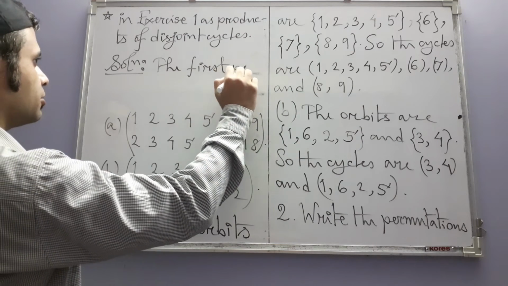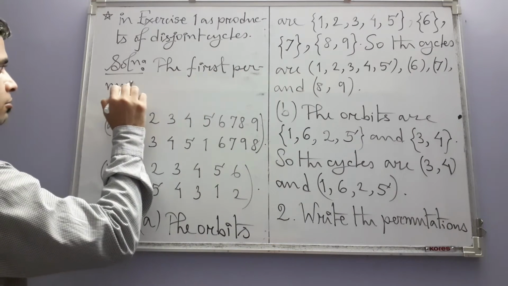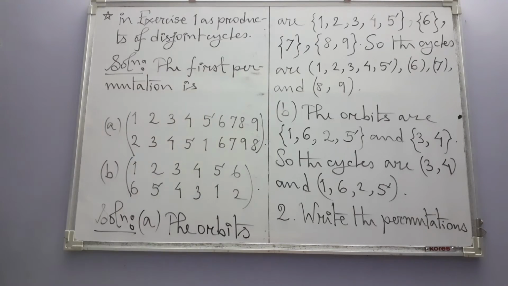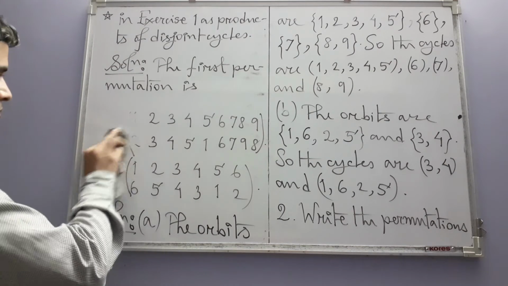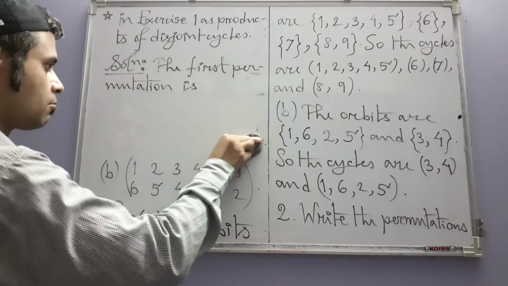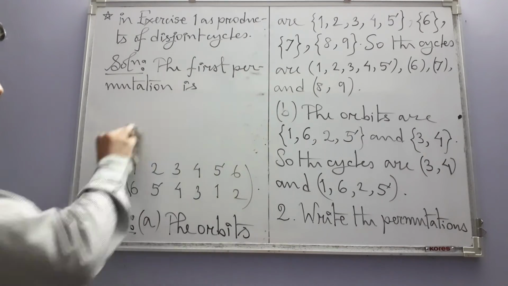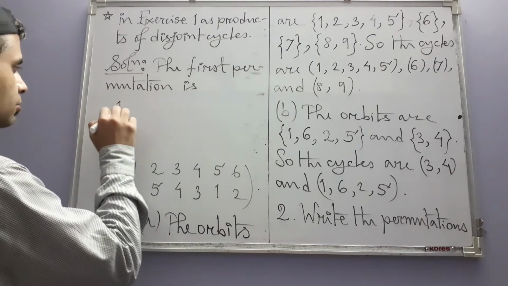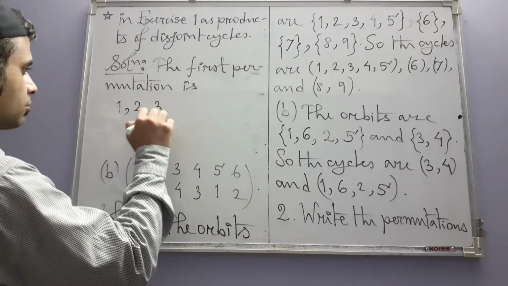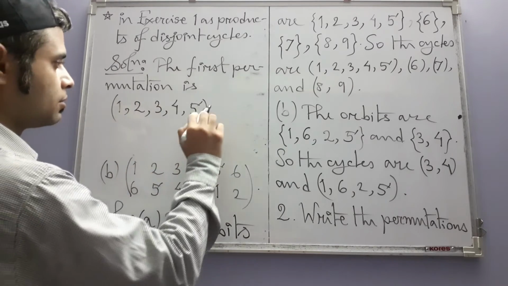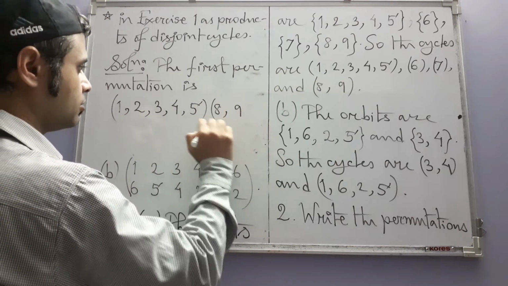The first permutation is, that means this one, is 1 2 3 4 5 times 8 9.